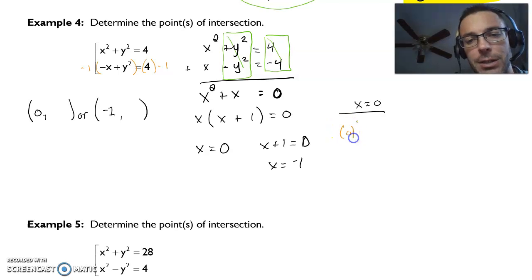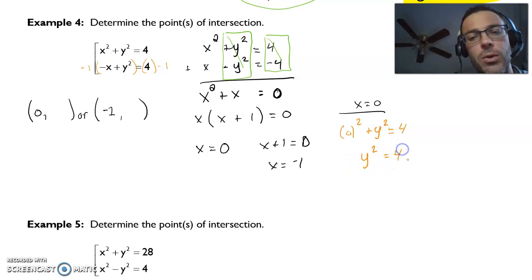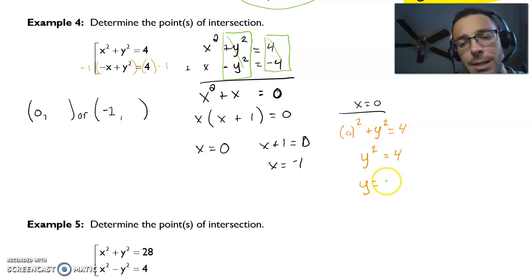I have 0 squared plus y squared equals 4, or y squared equals 4. Solving by taking a square root, though, is going to give me two possible values for y, +2 or -2.